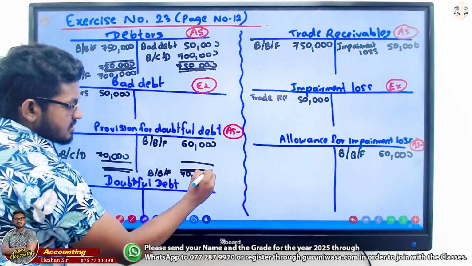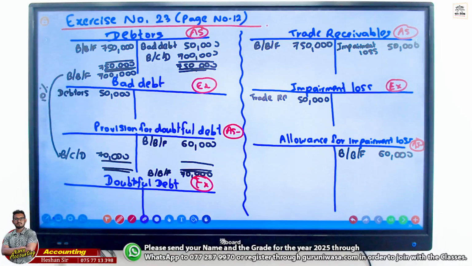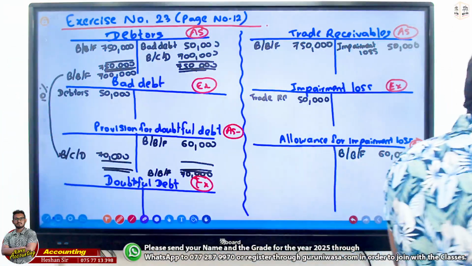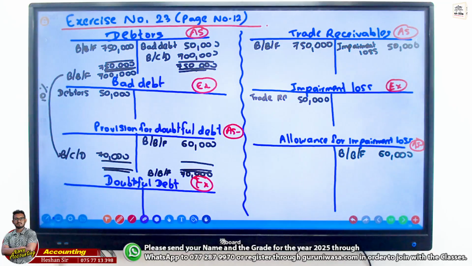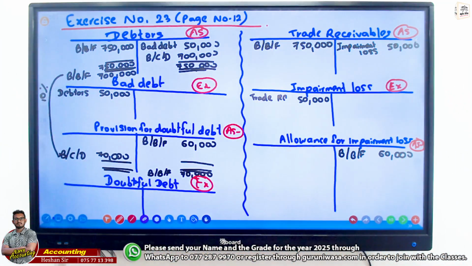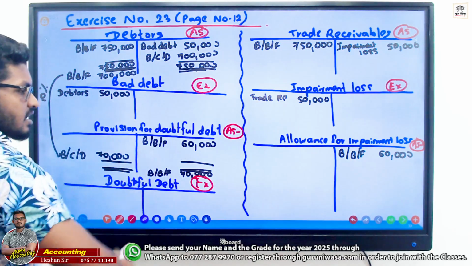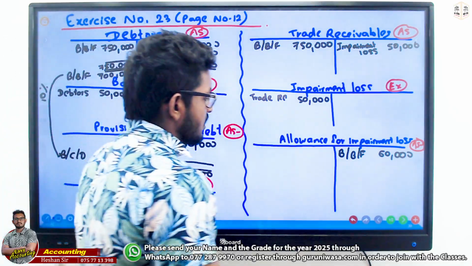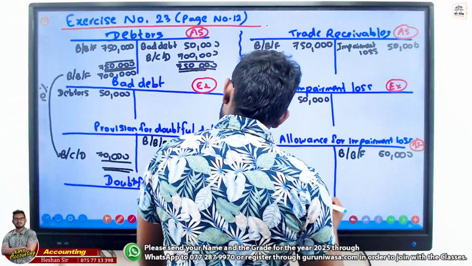Now, is it a case of over provision or under provision? Can anyone tell me? Opening is lesser, closing is higher. What is this? This is under provision, right? Over provision means opening is higher, closing is lesser. Same scenario in here.